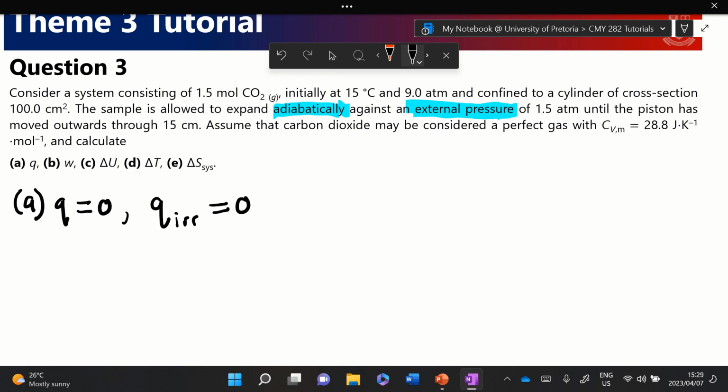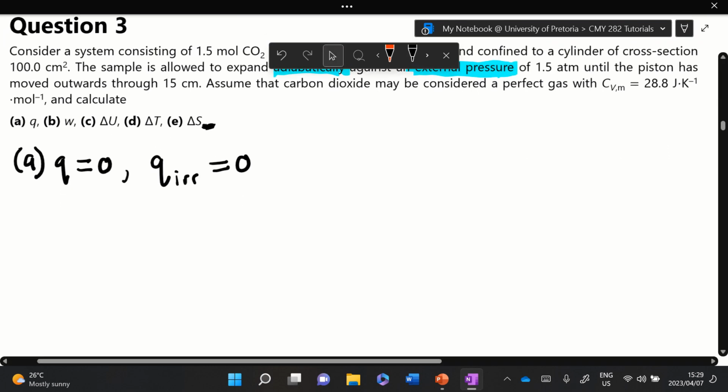And I just realized this actually should just be delta S. Normally it's delta S total, so my apologies for that little mistake. It's delta S total that we're calculating there in E, but we'll get to that. Back to my point: when it's reversible, you write rev, and when it's irreversible, you write irr. Anyway, that's the A part of the question.